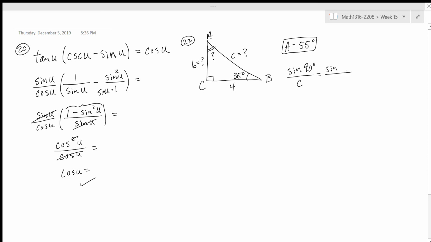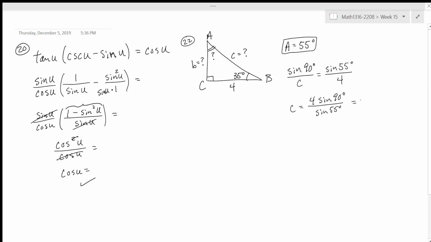Sine. That looks good to me. Anybody else agree with that? And if you want to use the law of sines instead of SOHCAHTOA, that's fine with me. So little c is going to be 4 sine 90 divided by sine 55.